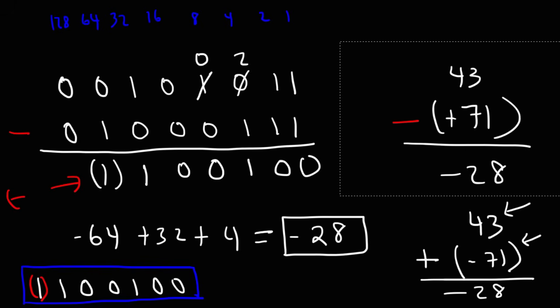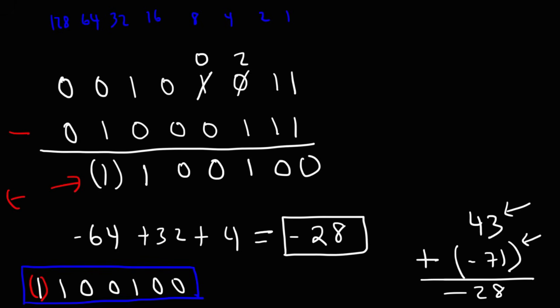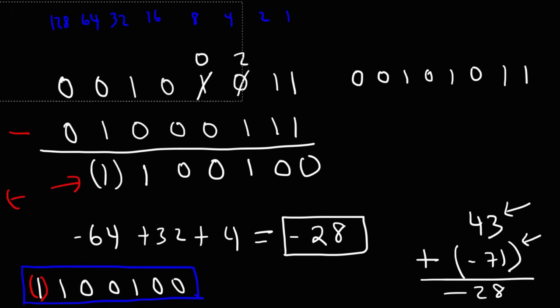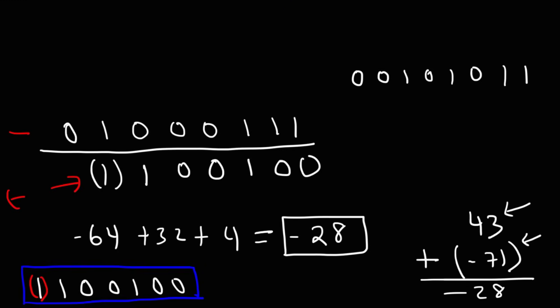So let's get rid of this. Let's rewrite the top number, 0, 0, 1, 0, 1, 0, 1, 1. Just had to make sure I copied that correctly. So now let's change this value. And I'm running out of space, so I'm going to rewrite it here.